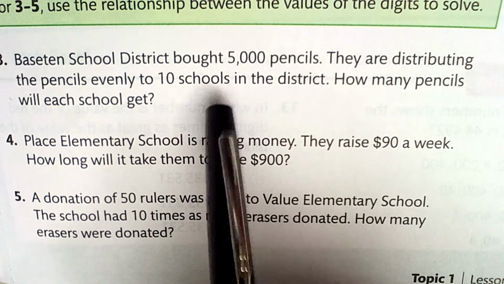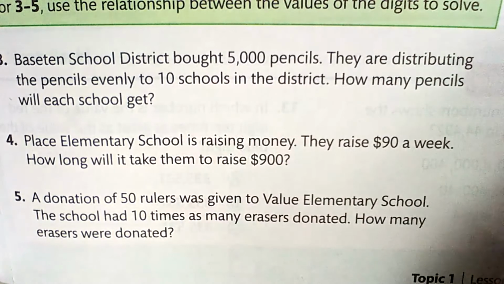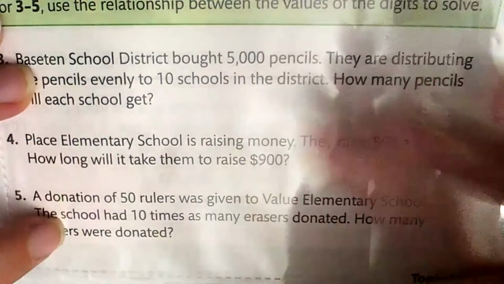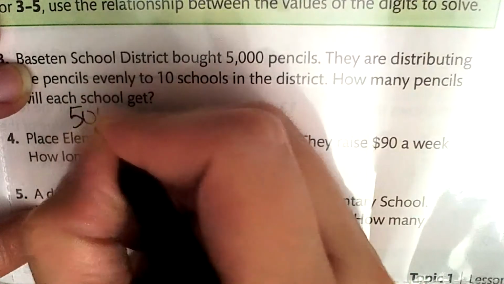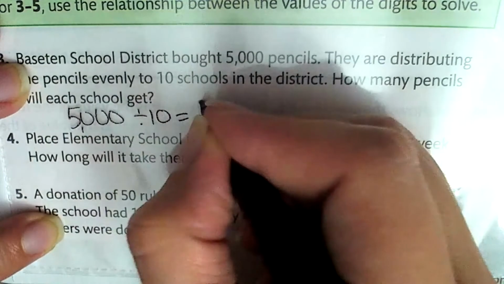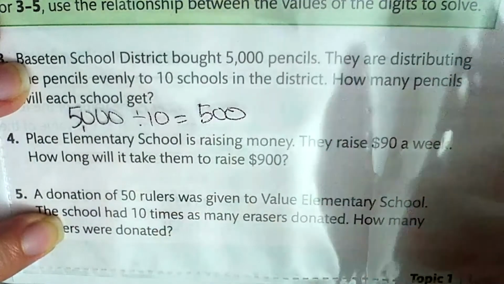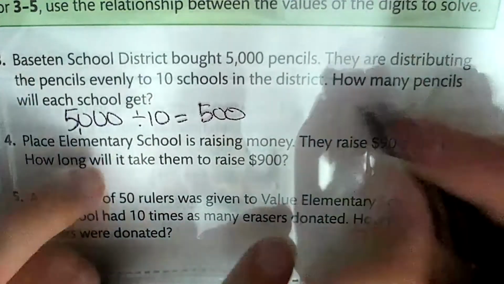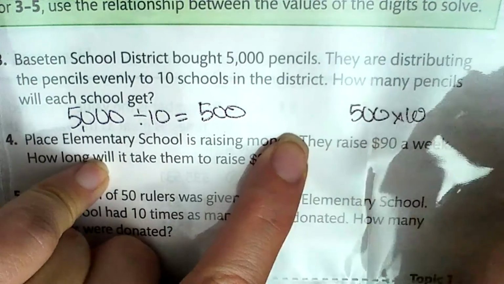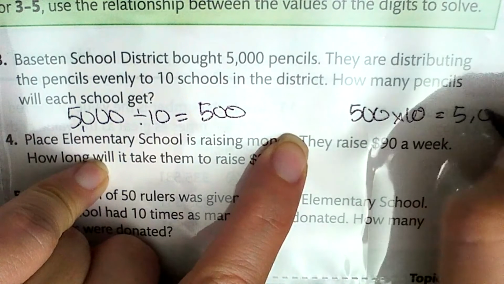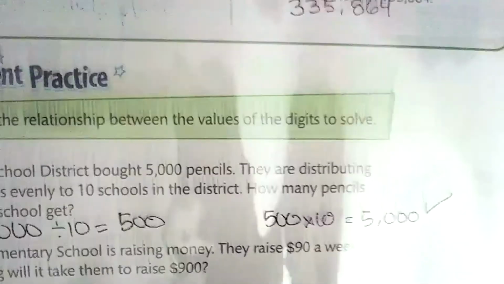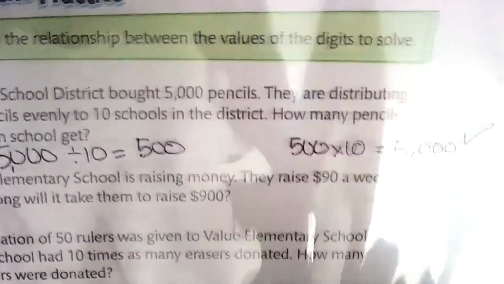And the way to check your work here is to do the inverse operation, to multiply. So I'll show you how to do that. 5,000 divided by 10 equals 500. And we check our work by doing the opposite. 500 times 10, if that equals 5,000, then I know that my work was done correctly.